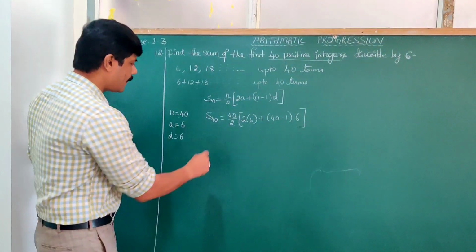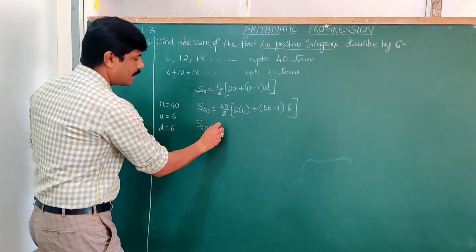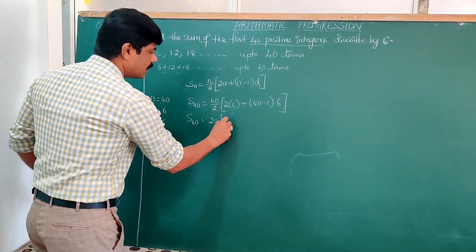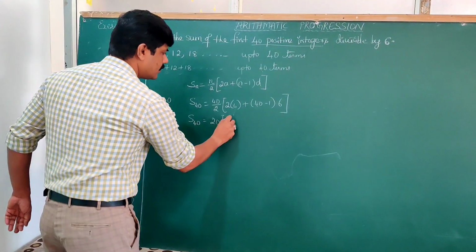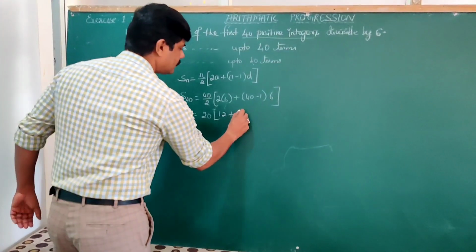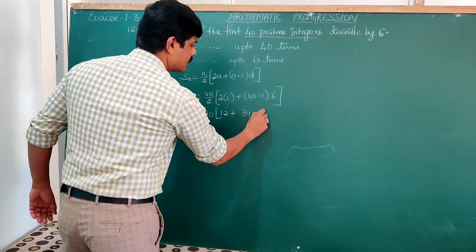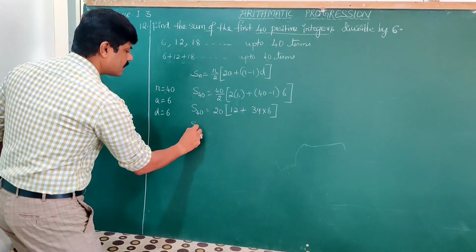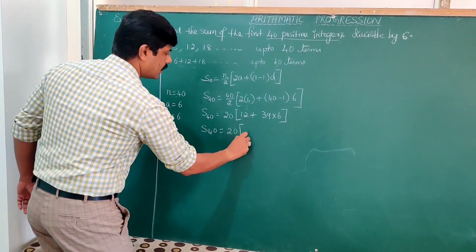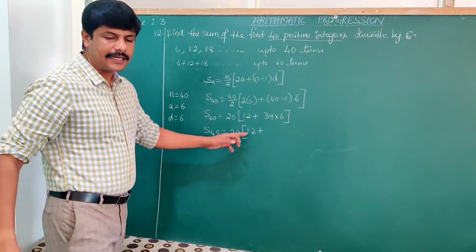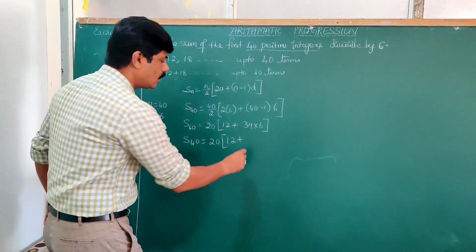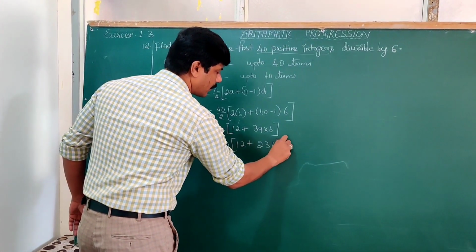Substituted. Now we'll see what happens in the next step. 40 divided by 2 is 20. 2 times 6 is 12, plus 40 minus 1 is 39, into 6. So S40 is equal to 20 into 12 plus 39 into 6. 39 into 6 is 234.